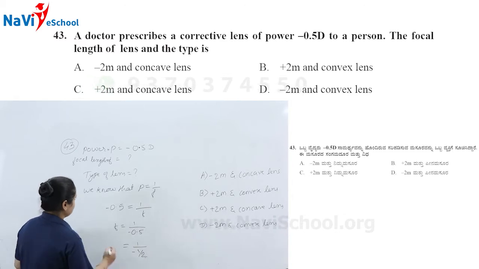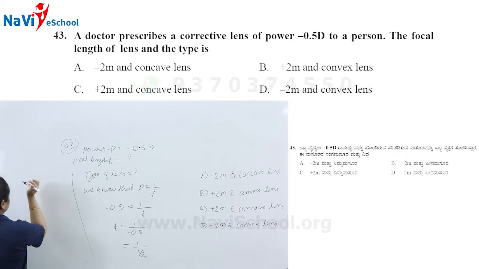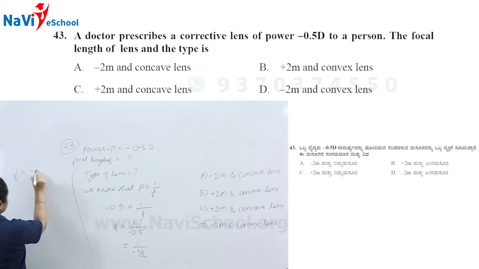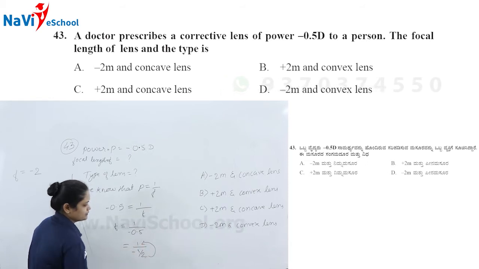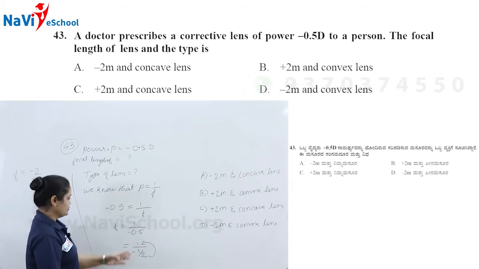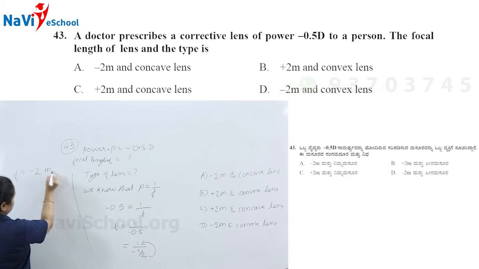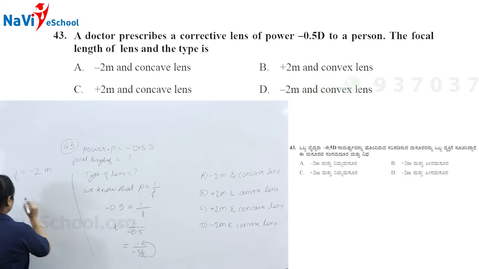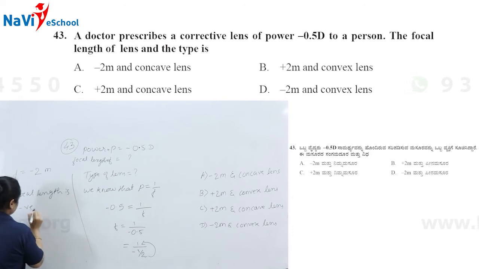Next, here I am solving the next part. So, it will become f is equal to minus 2 because this 2 will go here. Reciprocate this one. So, you will get f is equal to minus 2 meter. And here our focal length is negative.